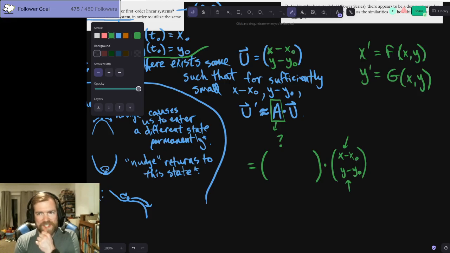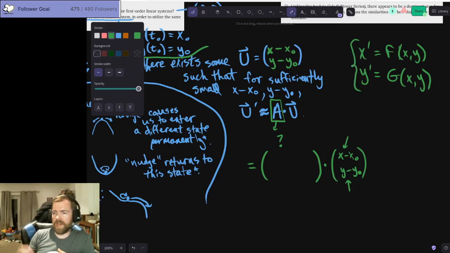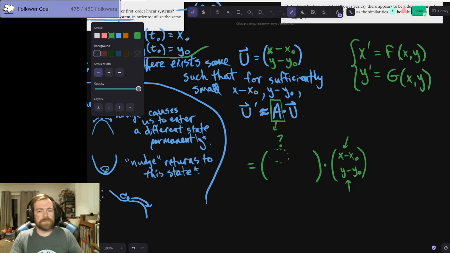So if our system is going to be written as x prime is a function of x and y, and y prime is a function of x and y, how do we then say, okay, we only want, in our first position, the rate of change in the x direction? So somehow we're looking at the top row.